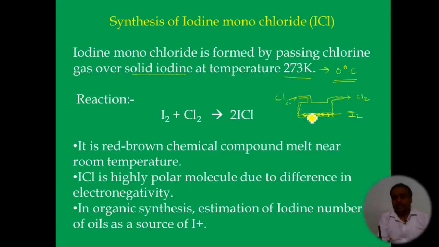The chlorine gas is passed over this solid iodine at 0 degrees Celsius or 273 Kelvin.